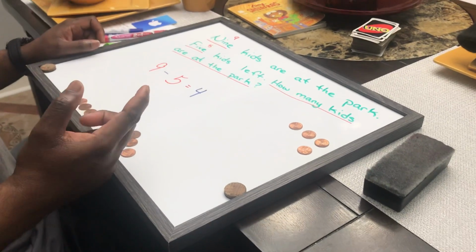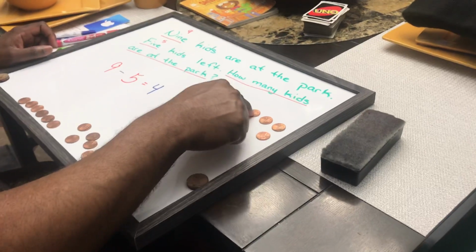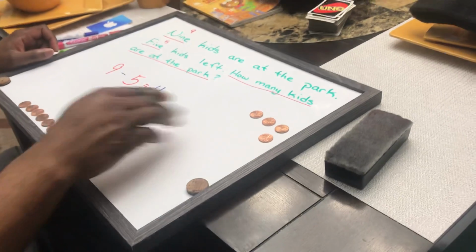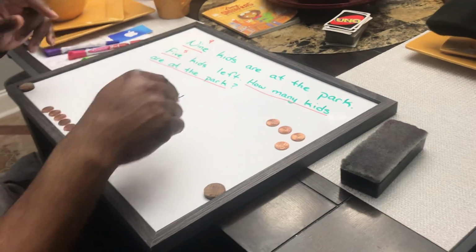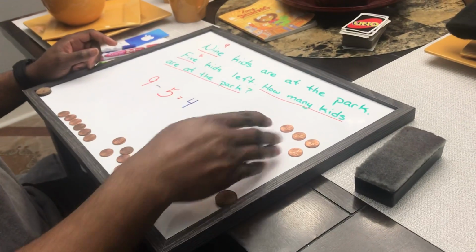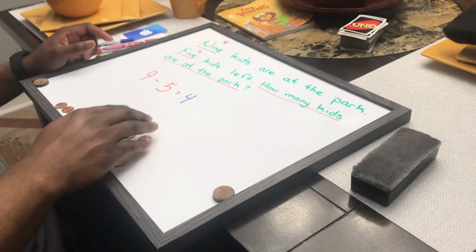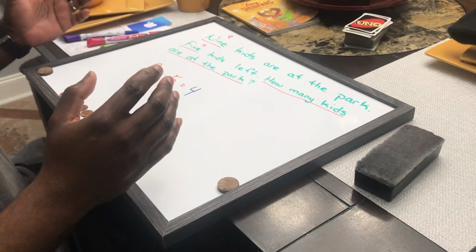How many people do I have remaining? Let's count. 1, 2, 3, 4. So that right there is showing us we can draw pictures to solve it. We can use concrete materials to solve the problem, or we can always use the count up method.